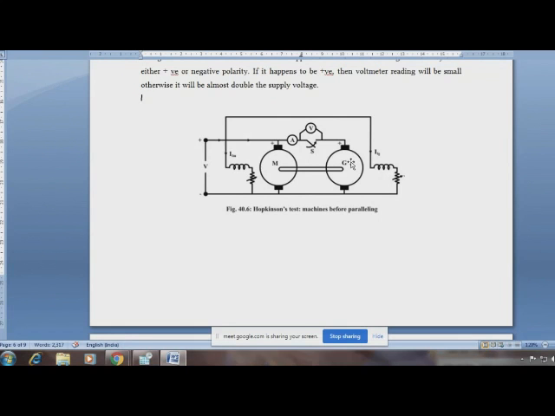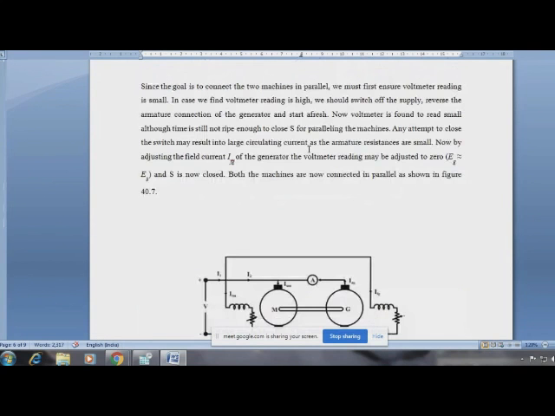So when the two EMFs equal, then the voltmeter should read 0 if the polarities are okay. If the polarities are not okay, then the voltmeter will read twice the voltage. So for connecting these two in parallel, the condition is that the polarities must be the same, which is confirmed through a 0 voltmeter reading. Is it clear? That is the first step.